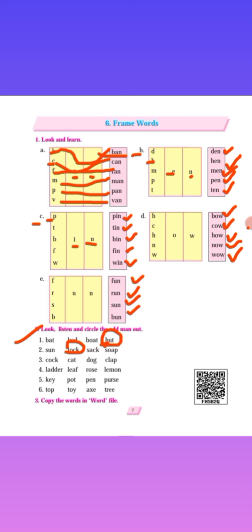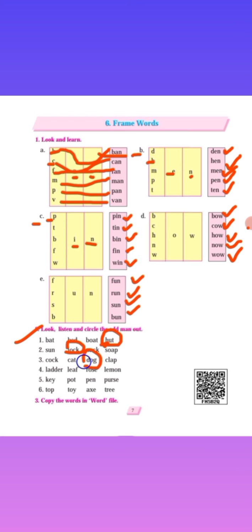Then in the third, the words given are cock, cat, dog, clap. We have to circle the odd man out, dog. In cock, cat and clap, C is the first letter, but in dog, the first letter is D. So we have to circle this odd man out.